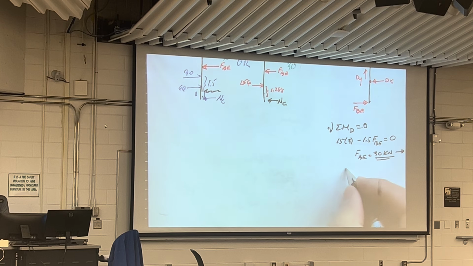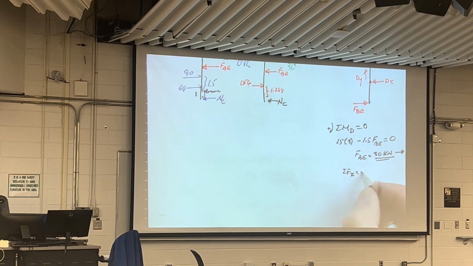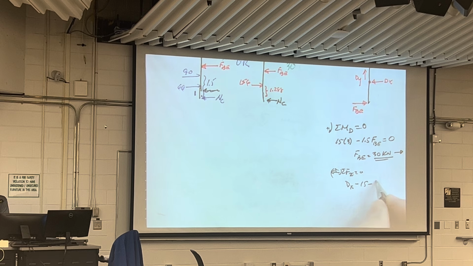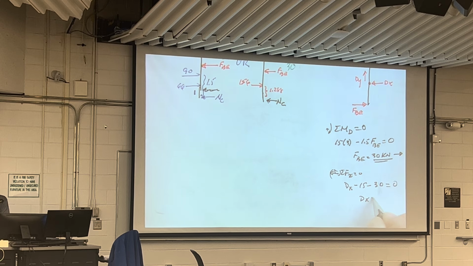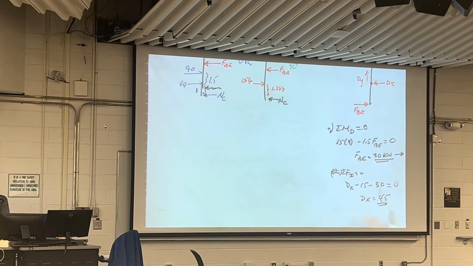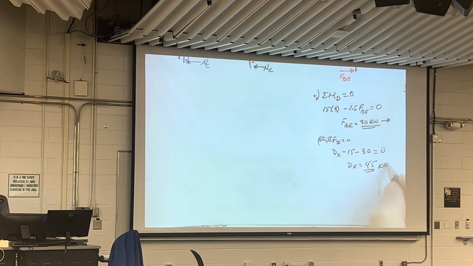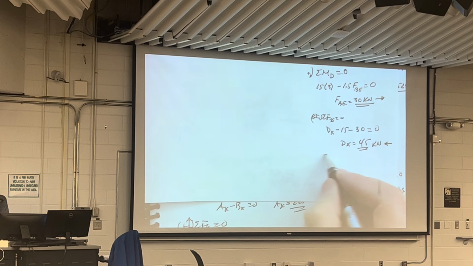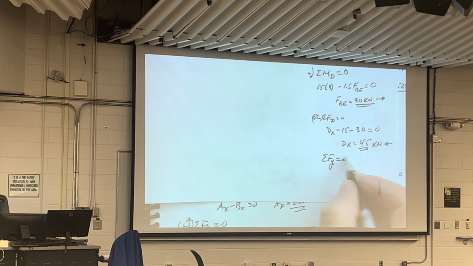I'm going to sum forces in the x equals 0 positive to the left, dx minus 15 minus FBE 30 equals 0, or dx is equal to 45 kilonewtons, and it is indeed going to the left. Sum forces in the y equals 0 positive upwards.